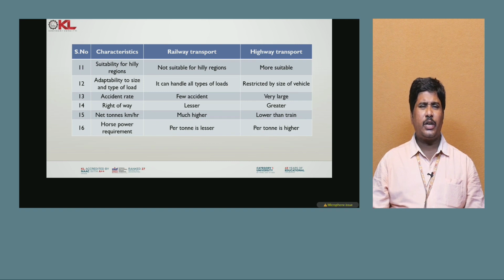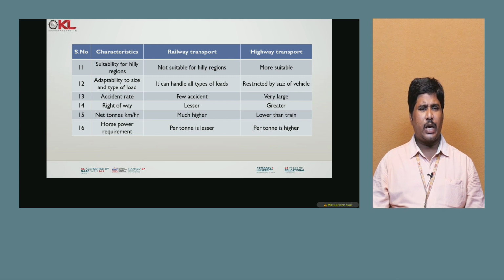And suitability for hilly regions: railway transport is most probably not suitable for hilly regions, because hilly means steeper slopes will be provided, and in those areas it is not possible to run the railways. And highway transport is more suitable for hilly regions.